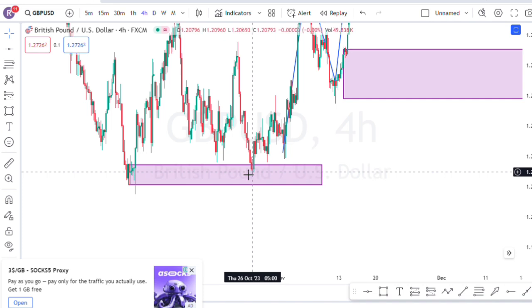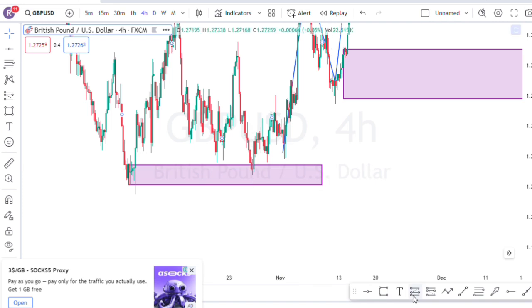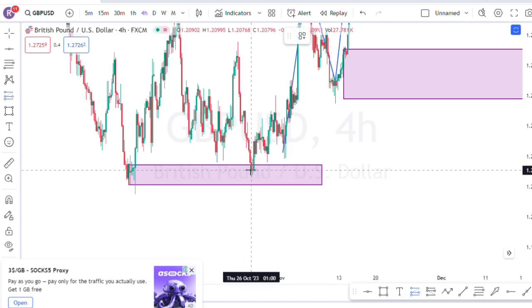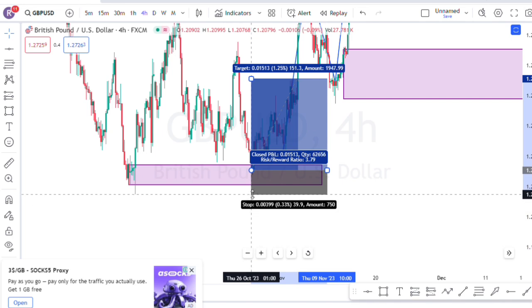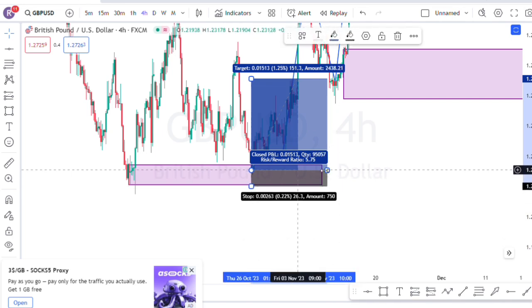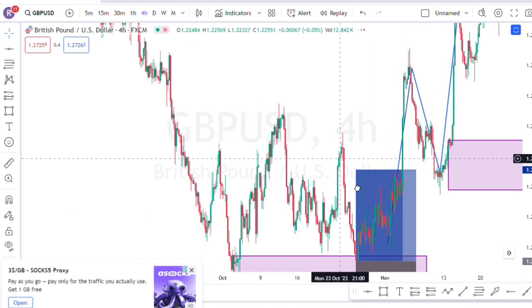As you can see, you could catch all this move up to the upside. You consider a demand zone when you want to buy the market, and you consider a supply zone when you want to sell the market.